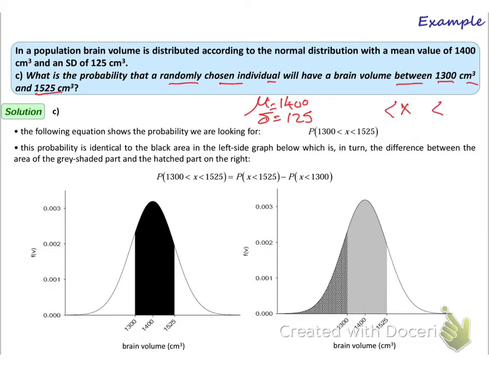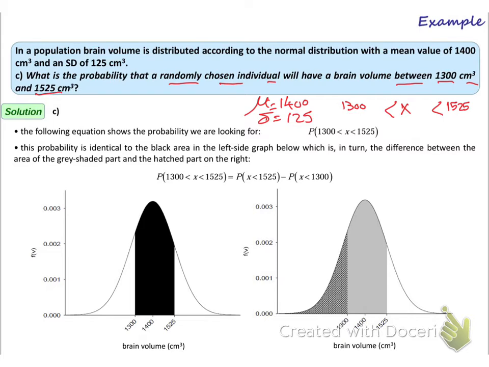So x is greater than 1300 and less than 1525. X is greater than this 1300 and less than this amount.